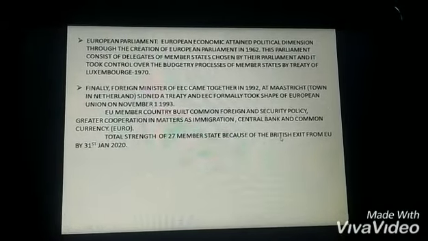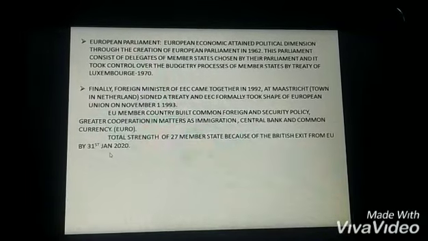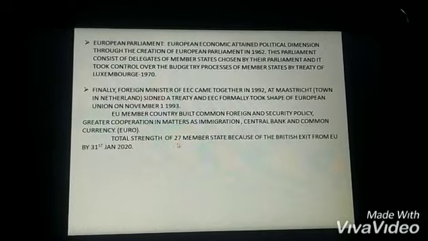By the exit of Britain from the EU on 31st January 2020, it has been left with only 27 member states.